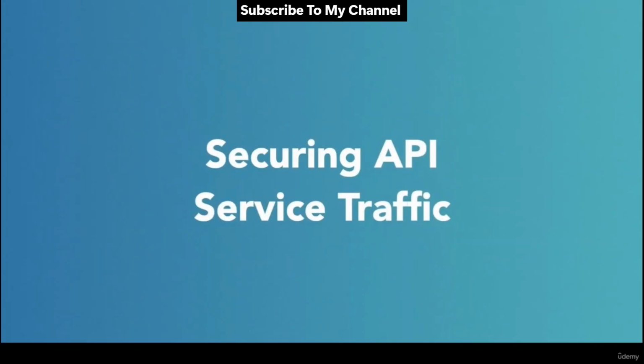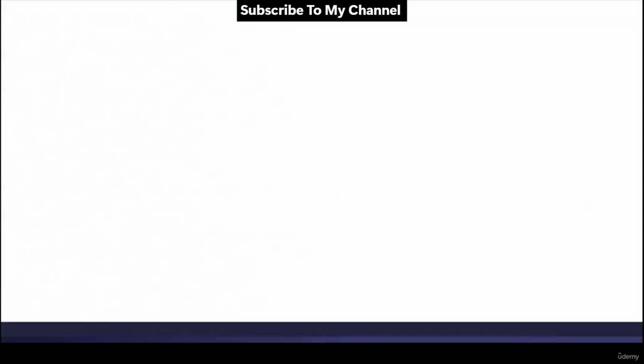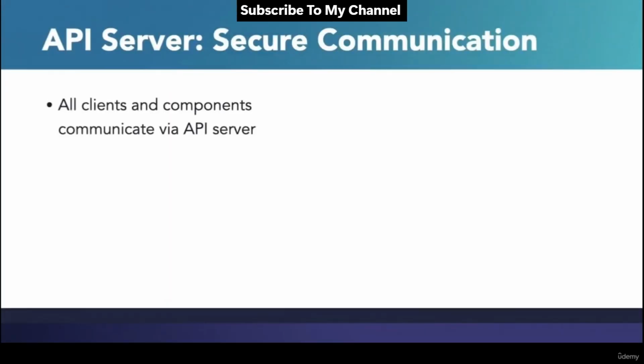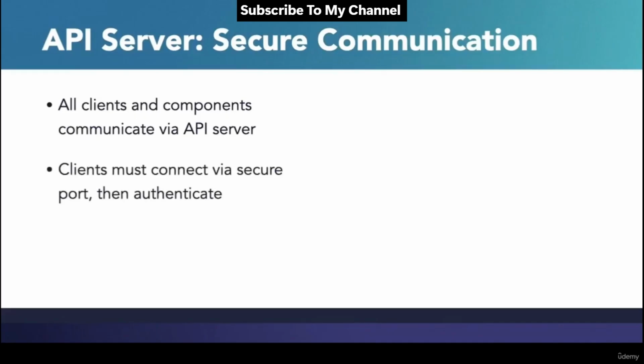Authentication and role-based access control enable users and service accounts to communicate with the API server. But remember, Kubernetes native components also frequently communicate with the API server. Kubelets, Kube Scheduler, Kube Proxy, and Kube Controller Manager must connect to API server via a secure port. These clients must also authenticate themselves.